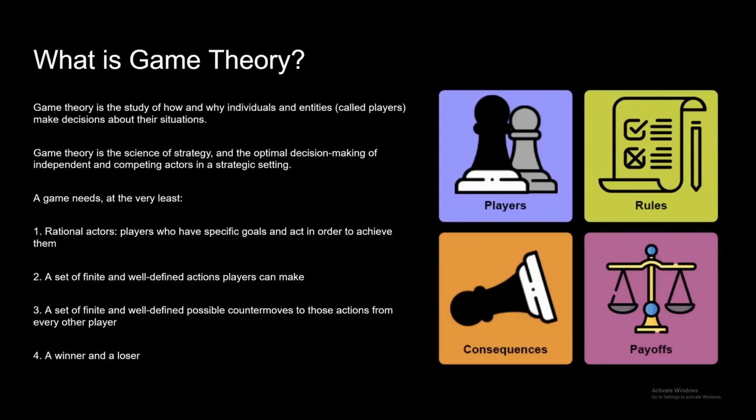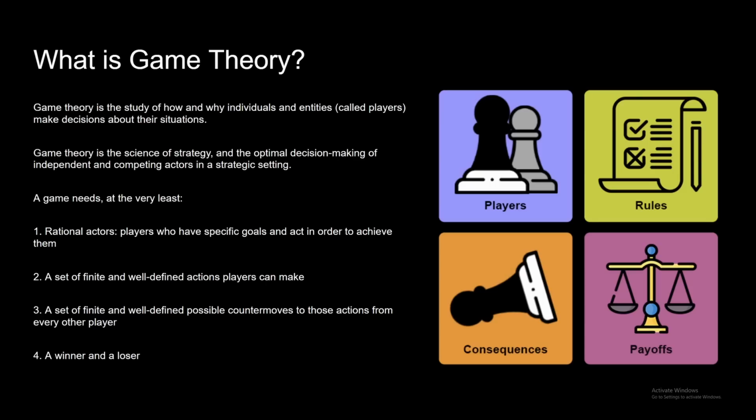So what is game theory? Game theory is the study of how and why individuals, aka players, make decisions about their situations. So basically, it is a social science of attempting to predict the outcomes of any game or situation based on what the optimal decision making of the players within the game would be.